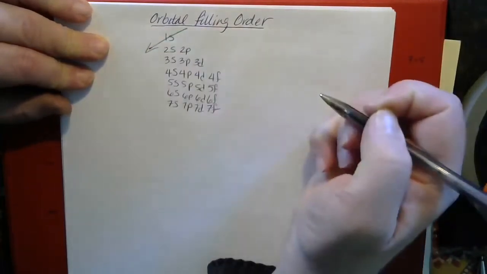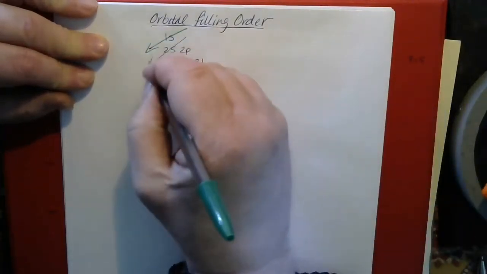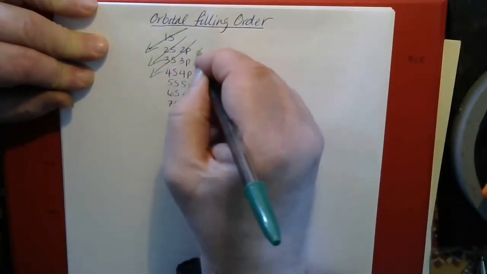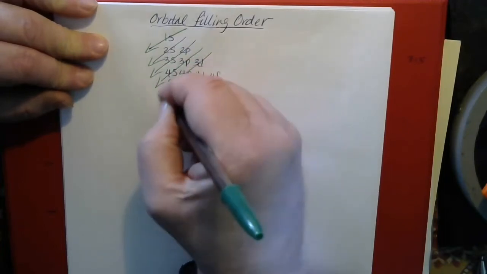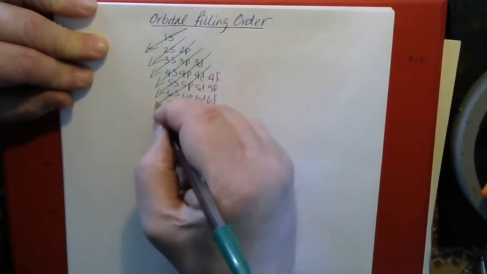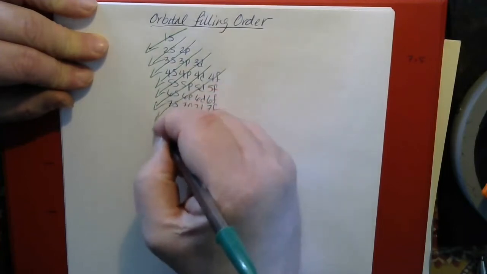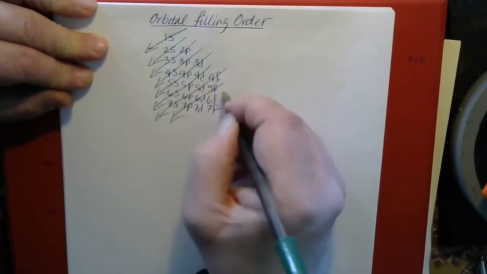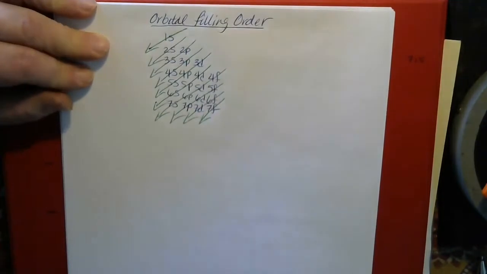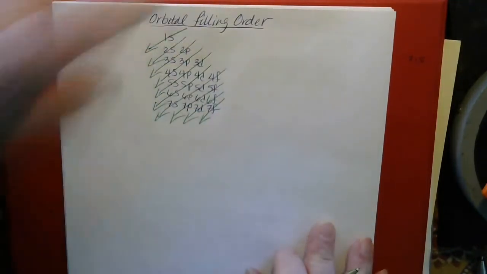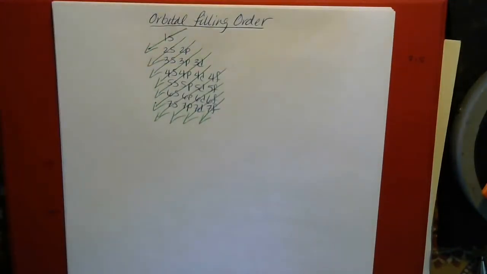So the first one goes like so, second one goes like that, third one goes like that, fourth one goes like that, fifth one goes like that, and so on. And if you follow the arrows, you'll get the orbitals in the correct order.